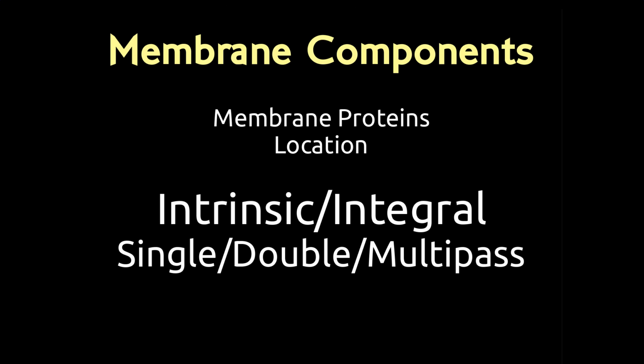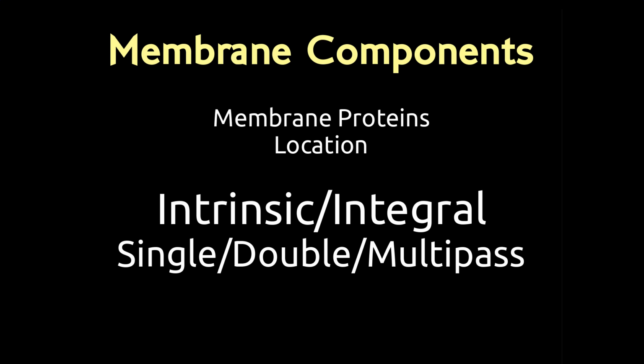Okay, that's fine. And so you might have a membrane protein that just goes once through the membrane, like that. That would be a single pass. You only have the amino acid chain passing once through that.